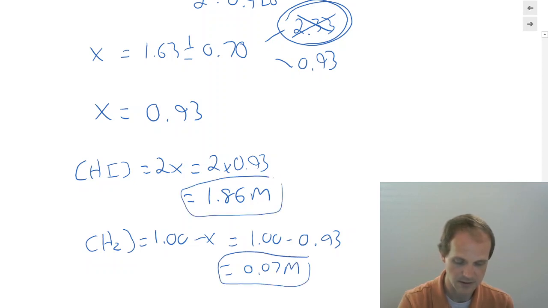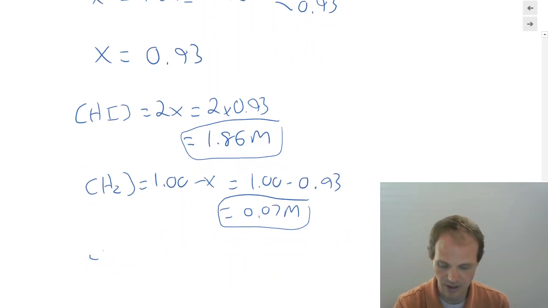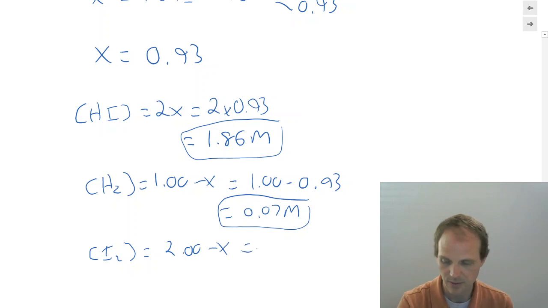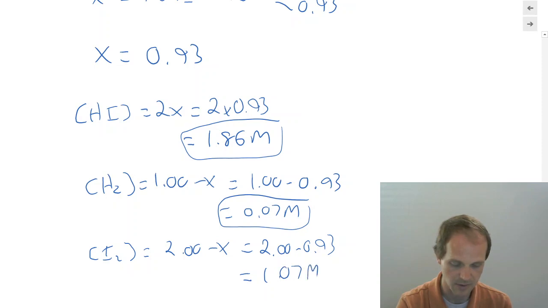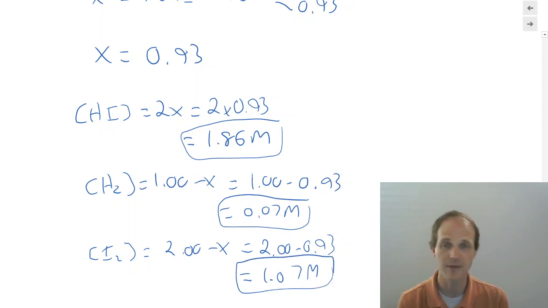These are our answers. And the concentration of I2 was 2.00 minus x, or 2.00 minus 0.93, or 1.07 molar. And so now we've got equilibrium concentrations for all of our species.